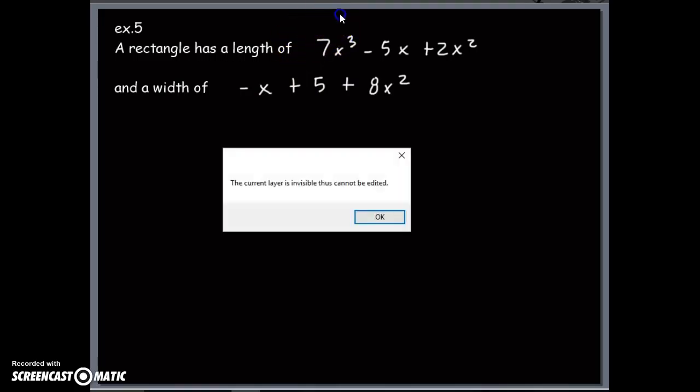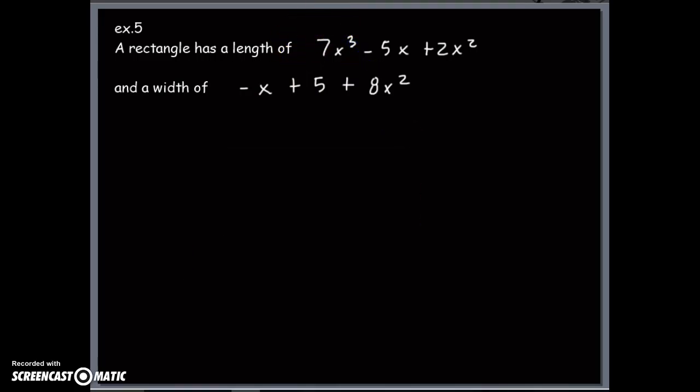So we've got a third power. We've got a first power and a second power. And then here we have a first power, a constant, and a second power. So you can see that they share a first power and a second power. Now I can go ahead and rank them. So for the length, we've got 7x to the third plus 2x squared minus 5x.